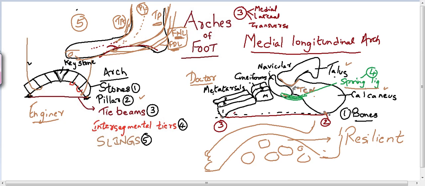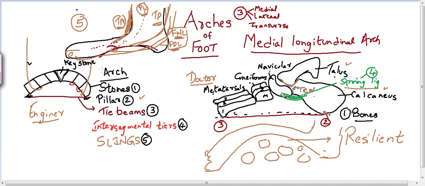The muscle from the anterior compartment is tibialis anterior, which goes to the navicular bone from the front, supplied by the deep peroneal nerve. The muscle from the lateral compartment is peroneus longus, supplied by the superficial peroneal nerve, going to the lateral aspect of the first metatarsal after passing through the sole. So all these things help in holding the arch in place.